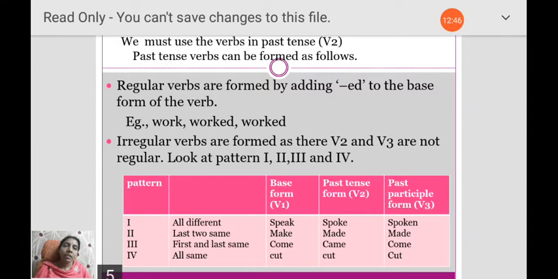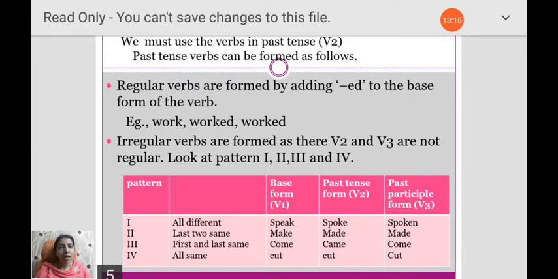Let us take the word cook. By adding ed, we get the past form cooked, and the past participle form is also cooked. Let us look at the word look: look, looked, looked.